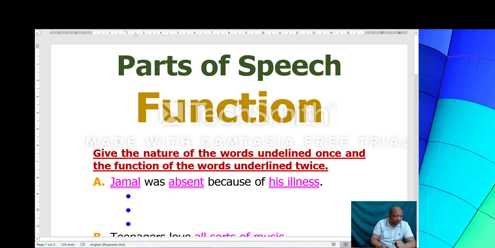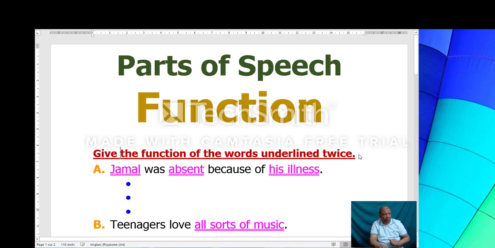So let's take each sentence by itself, and then we are going to explain each case on its own. Number one, Jamal was absent because of his illness.